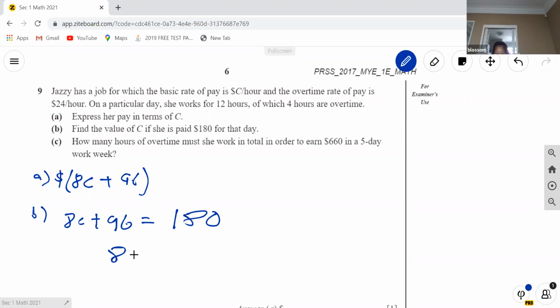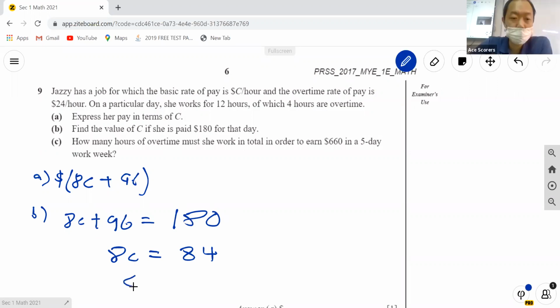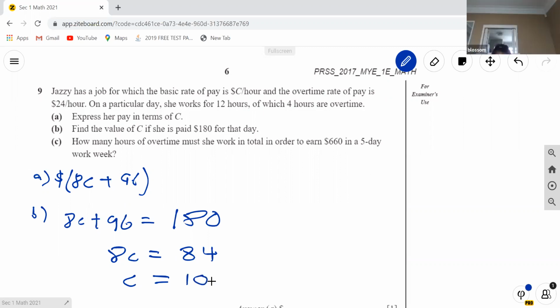So 8C equals 180 minus 96, so 90 minus 6, 84. So what is C? 84 divided by 8 is 10.5. Okay, so her hourly rate is actually $10.50.